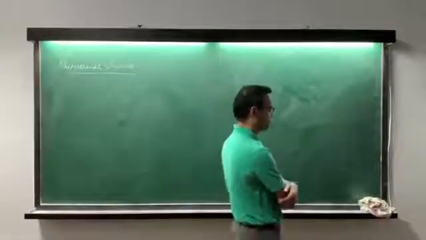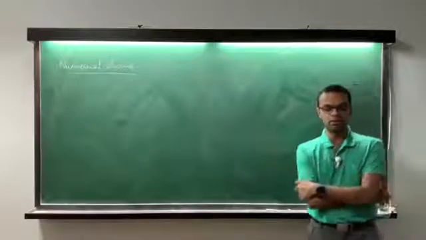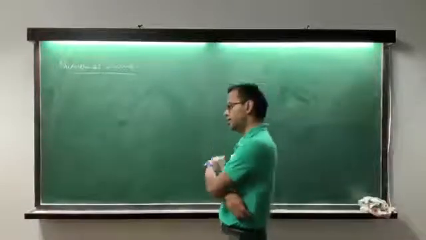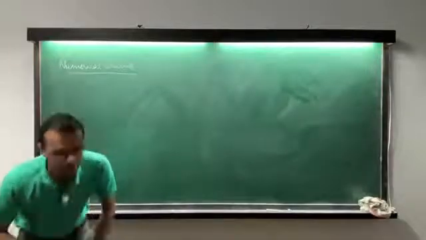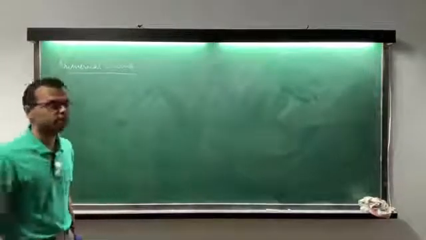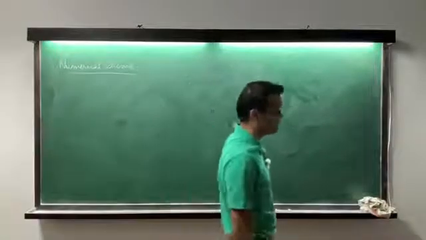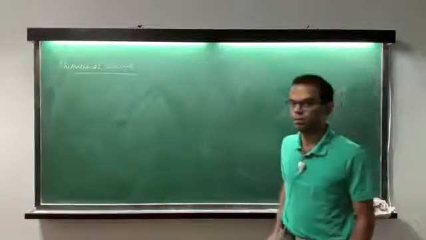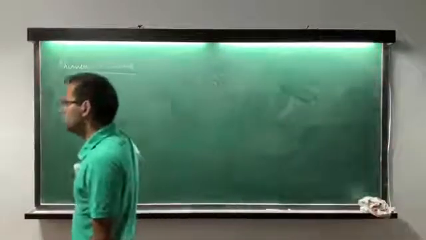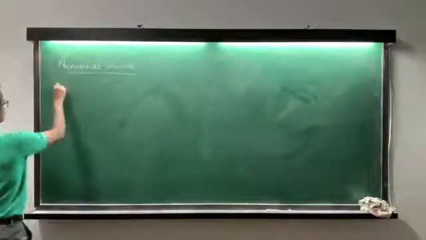So numerical schemes for boundary value problems are a little bit more complicated than numerical schemes for initial value problems, and the reason should be clear. It basically is in the way in which the problem is specified. You need some guesswork, some a priori information to solve a boundary value problem using numerical schemes. So what we'll do today is focus on initial value problems.